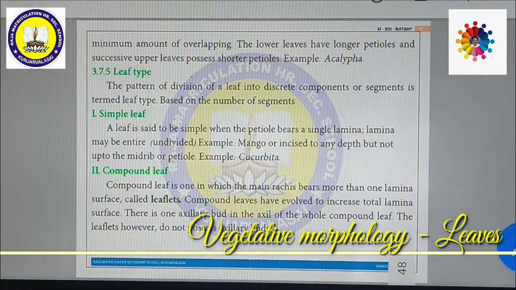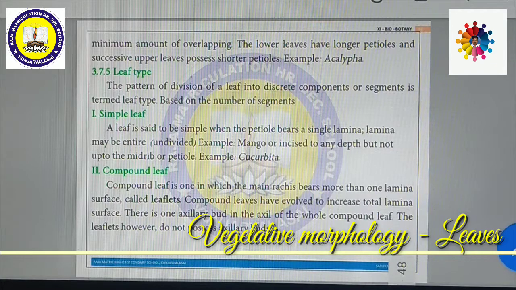Next we are going to see leaf type, simple or compound. The pattern of division of leaf into discrete components or segments is termed leaf type, based on the number of segments. If a leaf has a single lamina, it is called a simple leaf. If an axis has more leaflets forming a group, this is called a compound leaf.